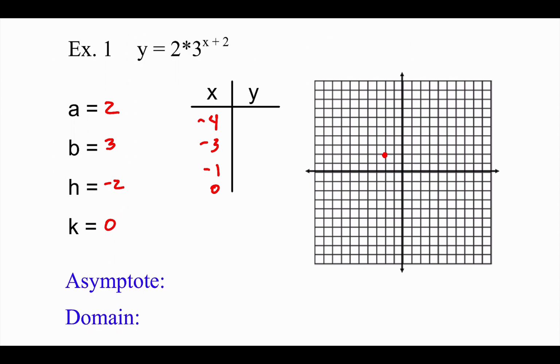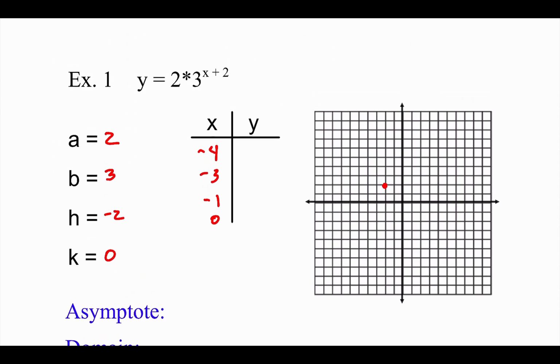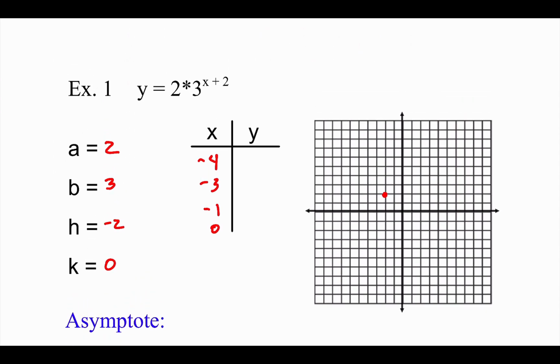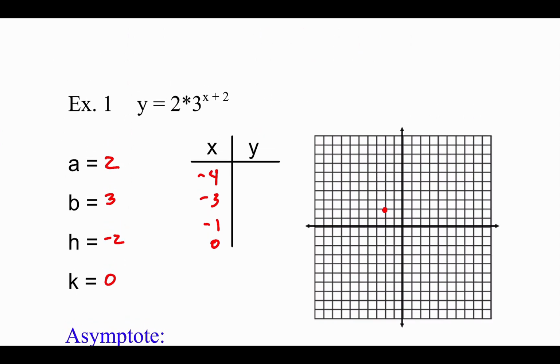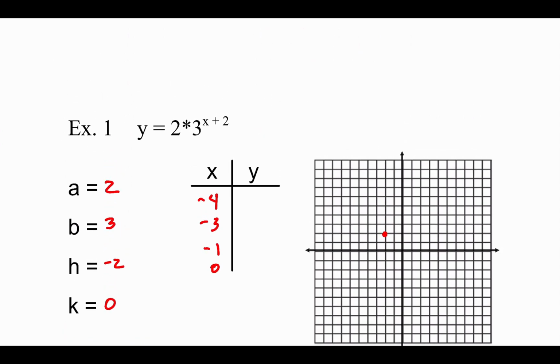Now we're back to what we were doing the other day. So if I plug negative 4 in, I'll do the work at least for these first couple so you can see it. So we've got y equals 2 times 3. What power would 3 be raised to if I plug negative 4 in for x?